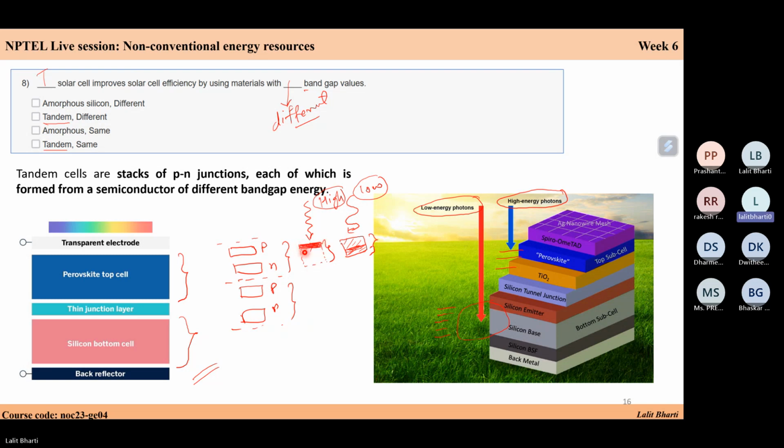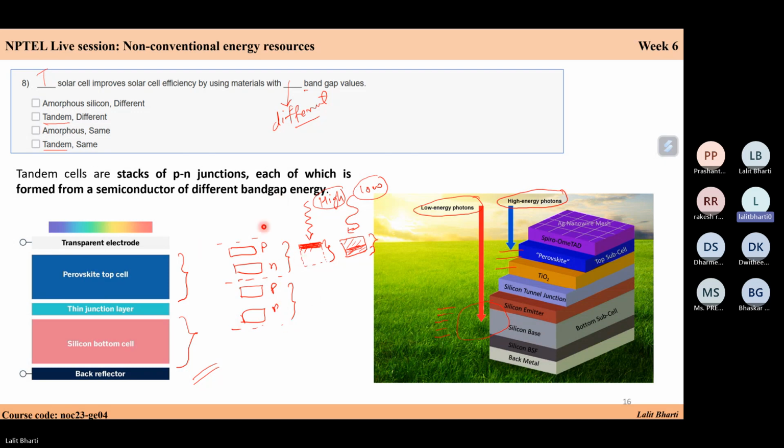But the low energy radiation has a higher penetration length, so it can penetrate more and be absorbed at the lower region. So we club them together, and the whole region is utilized. So this is the type of tandem cell.